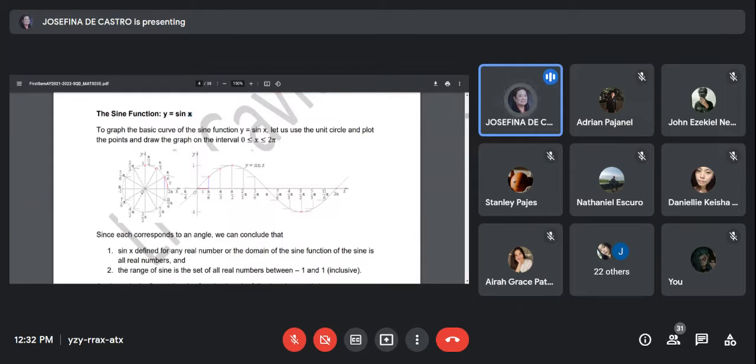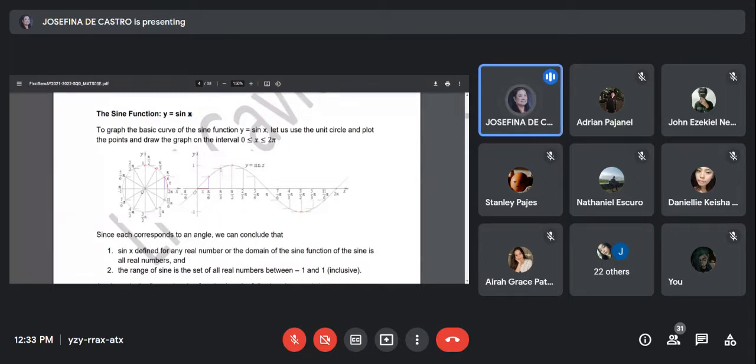So if x is pi over 3, therefore y is equal to sine pi over 3. And sine pi over 3 is equal to square root of 3 over 2. In decimal, that is 0.86666 something. Okay? So, ibig sabihin, wala pang 1. Kaya iyan ay nakatapat dito. Wala pang 1. Okay?